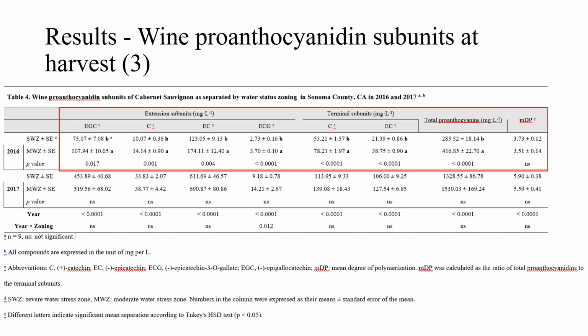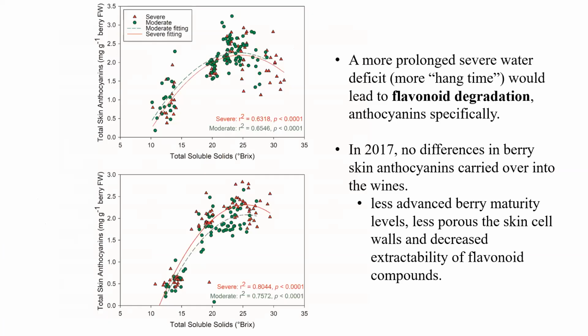To explain the discrepancy between the two seasons, the temporal relationships between the total soluble solids and the berry skin anthocyanins were investigated. In both years, skin anthocyanins increased with the accumulation of total soluble solids at first.